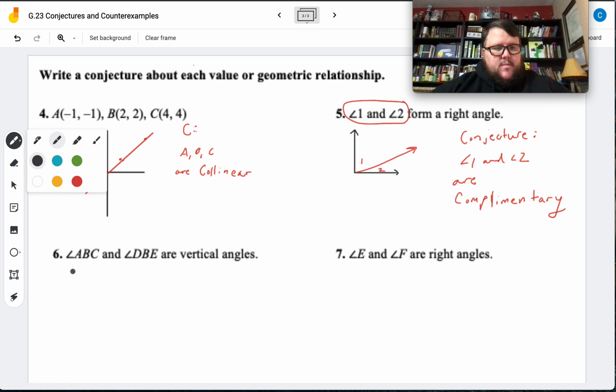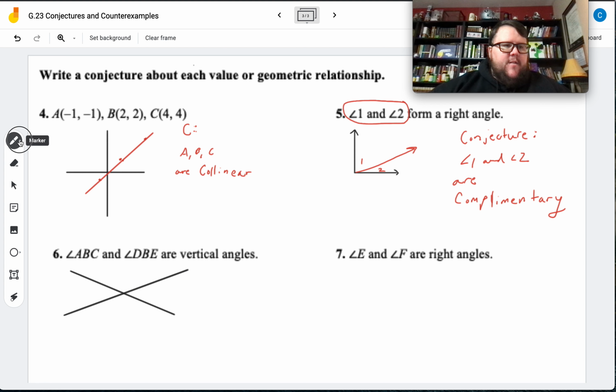So we have vertical angles, so then we would label these: this is A, this is B, this would be C, this would be D, and this would be E. So what you would need to do is mark the vertical angles here, and then you tell me something about vertical angles.